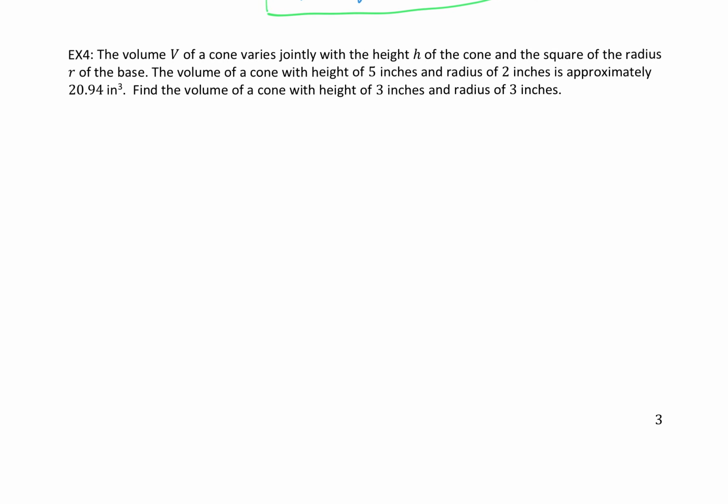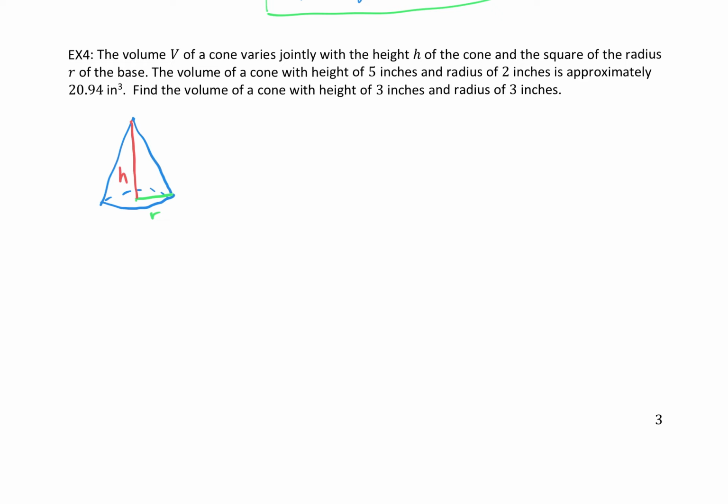It says the volume V of a cone varies jointly with the height h of the cone and the square of the radius r of the base. So I'm going to pause for just a second and recall that if we had a cone, so I'm just going to sketch my sad cone, it's going to have some radius in its base and it's going to have some height.